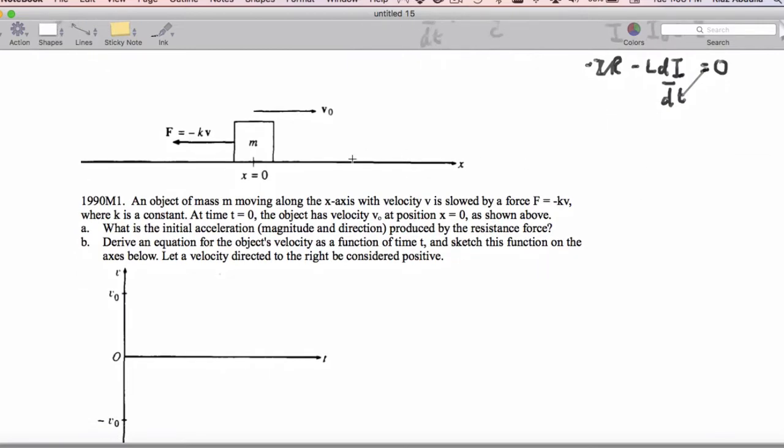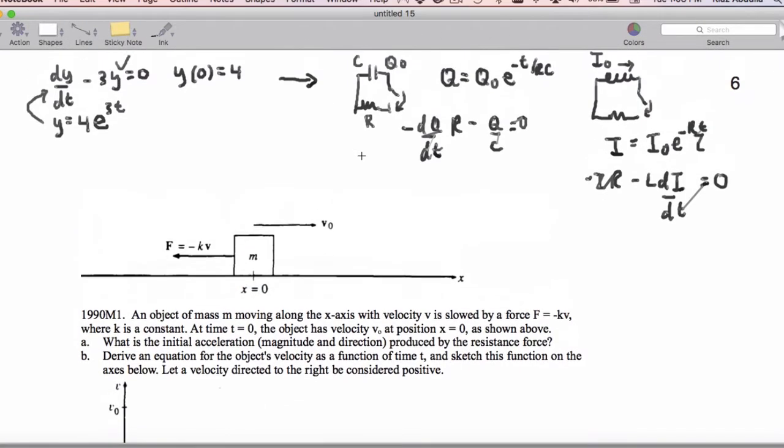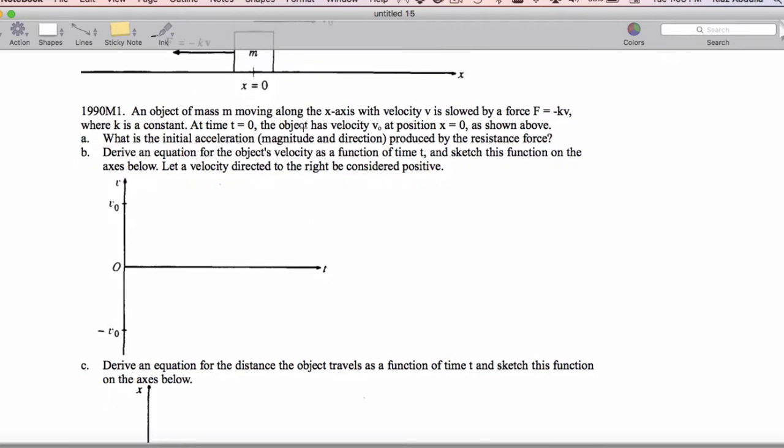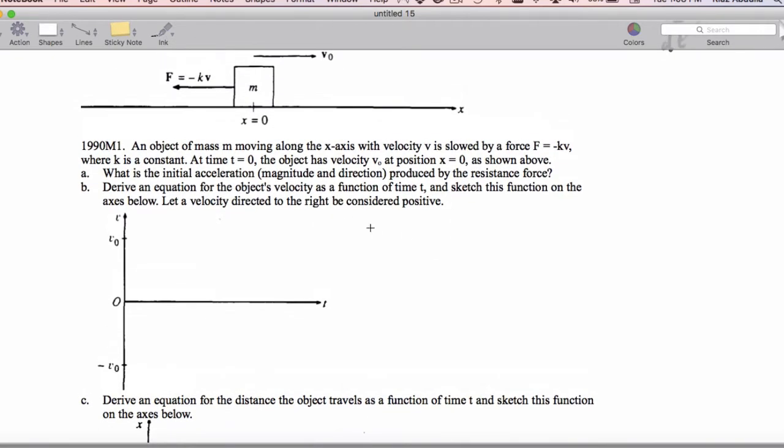An object of mass m is moving along the x-axis with velocity v and is slowed by the force negative kv, where k is a constant. At time t equals 0, the velocity has a particular value, and we want to know the initial acceleration produced by the resistance force.